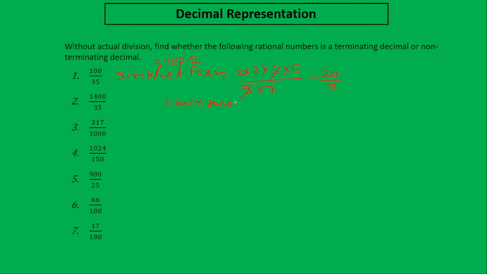Check the denominator. Second step. Seven is not in the form of 2 to the power m times 5 to the power n.